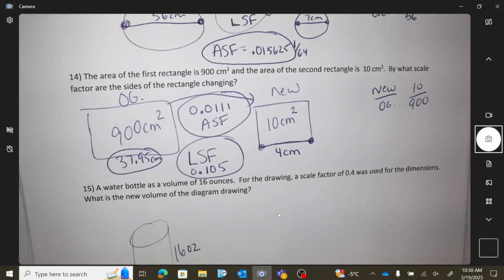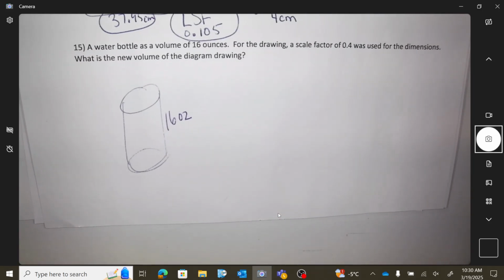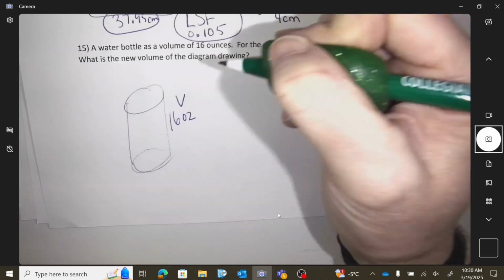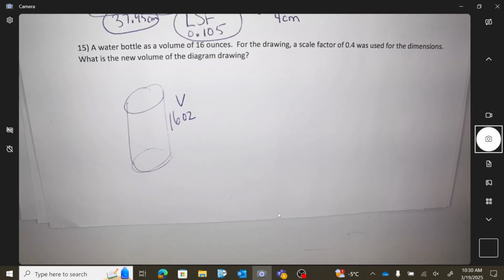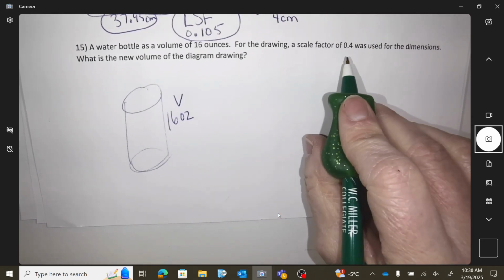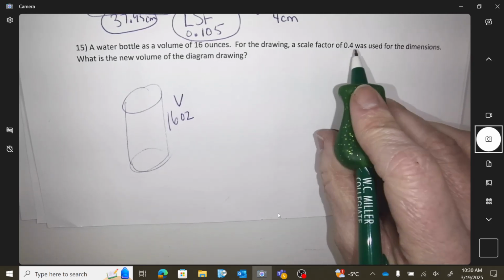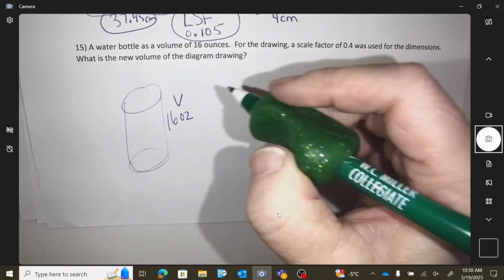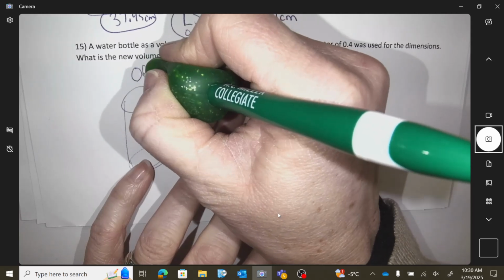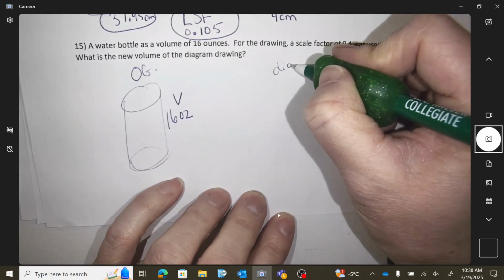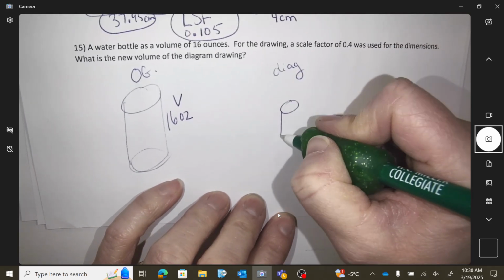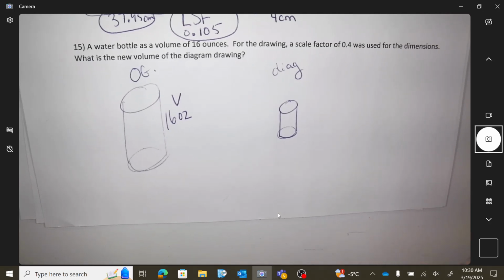So I had a water bottle, 16 ounces was the volume. And then I was to draw it on a paper, so I was obviously shrinking it, to fit it onto my diagram.